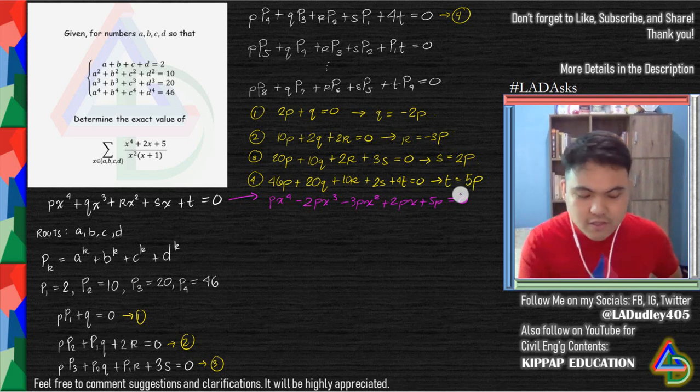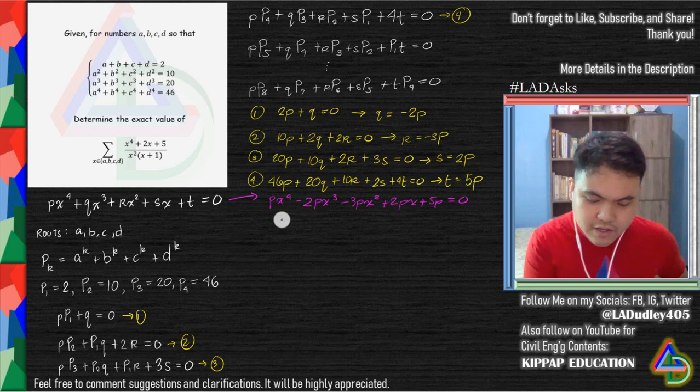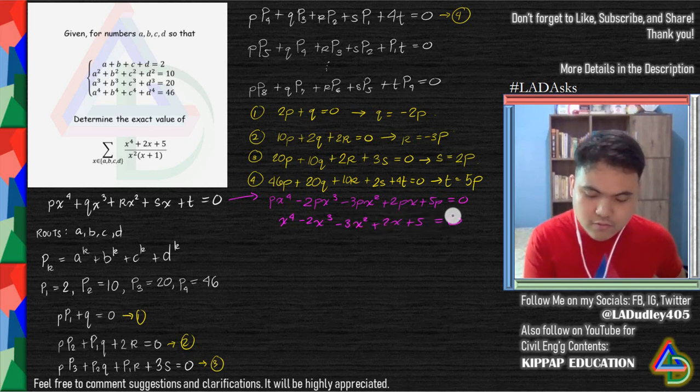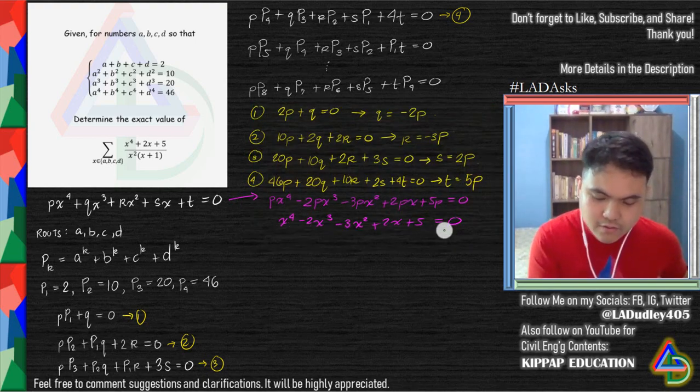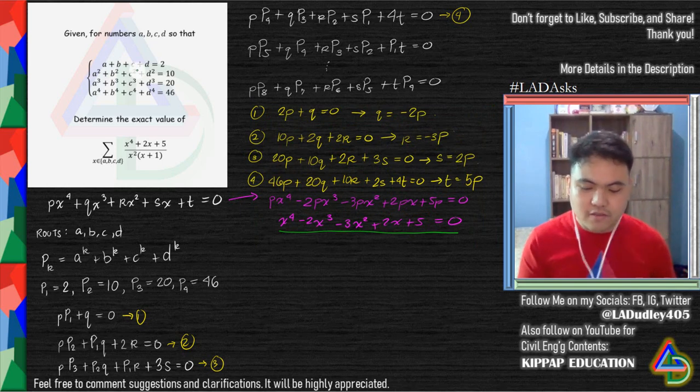Cancel out p. Diba? Hindi naman pwede maging 0 si p, so we can divide all the terms by p, and we end up with the polynomial equation x to the fourth minus 2x cubed plus 3x squared plus 2x plus 5 is equal to 0. So, ito ngayon, yung ating polynomial equation wherein the roots are a, b, c, and d.